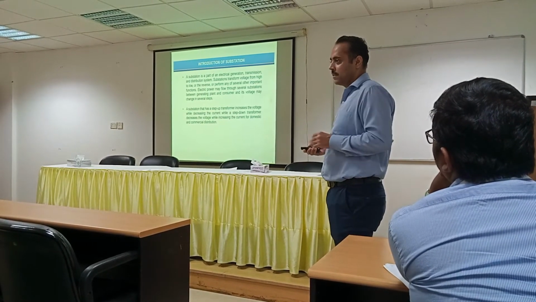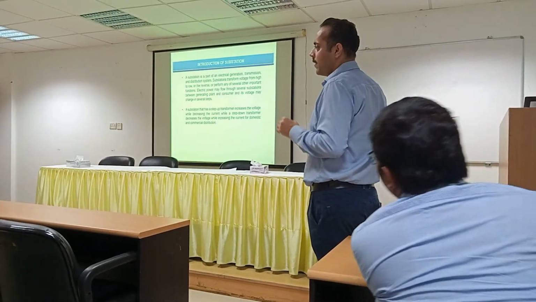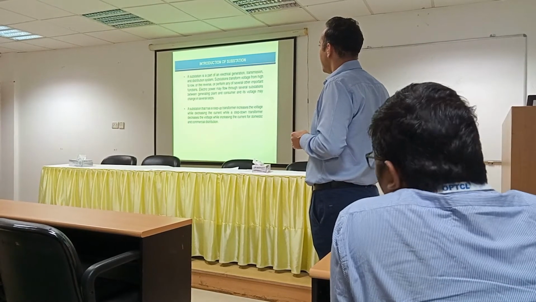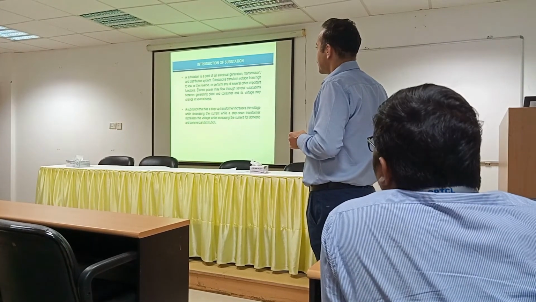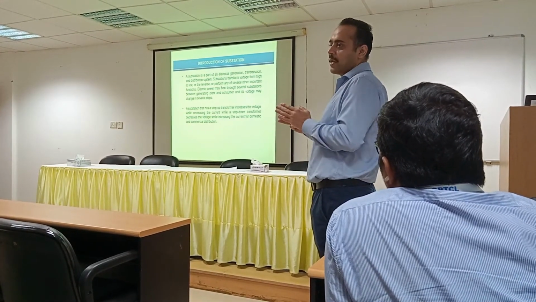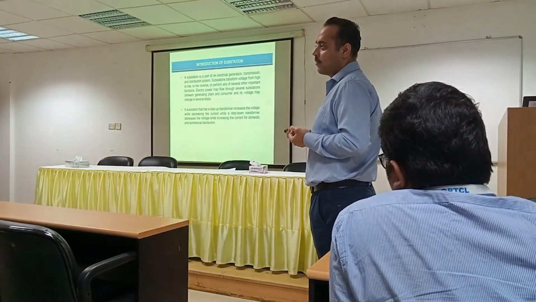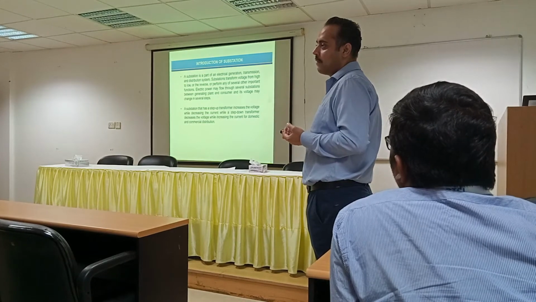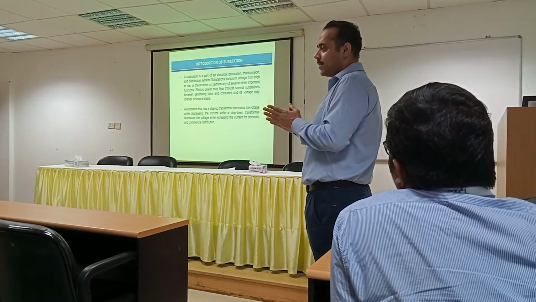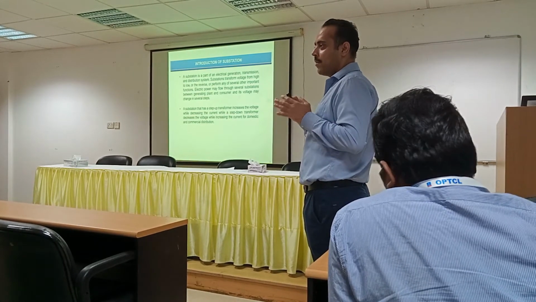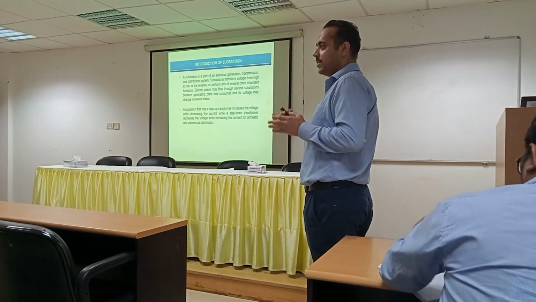What is a substation now? Whether it is an AIS or GIS, a substation is a part of electrical generation, transmission, distribution. A substation is not only part of distribution, right? Wherever generation is happening, suppose we have a 500 megawatt generation plant, in that generation you have a TG, turbine generator.